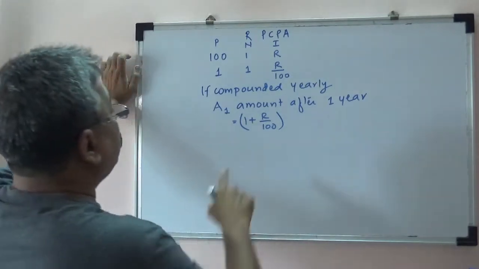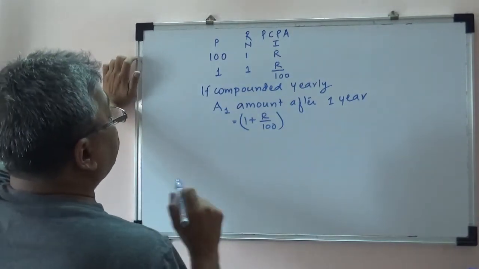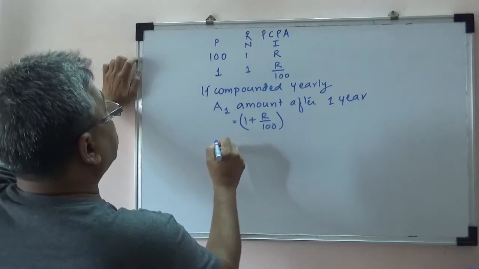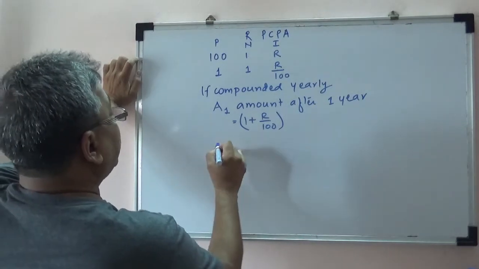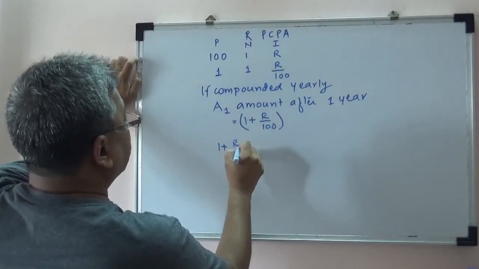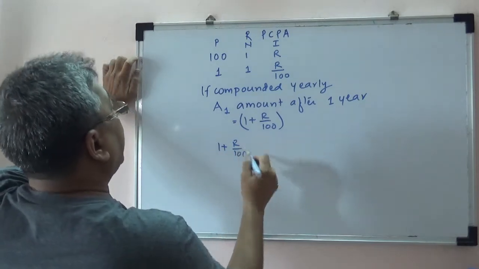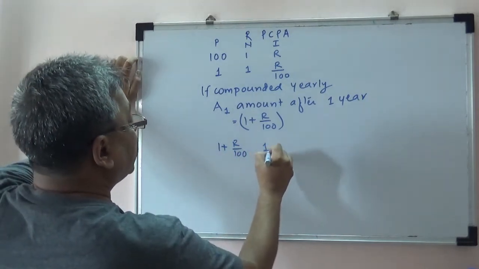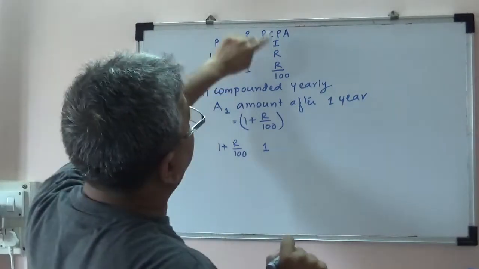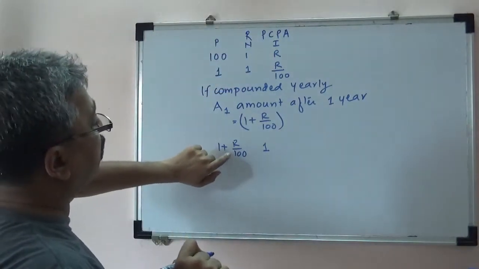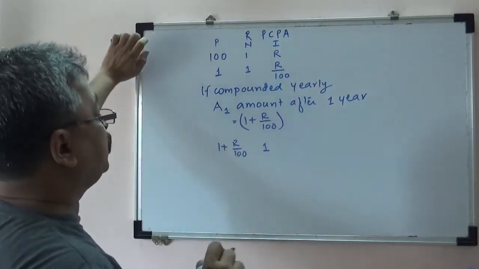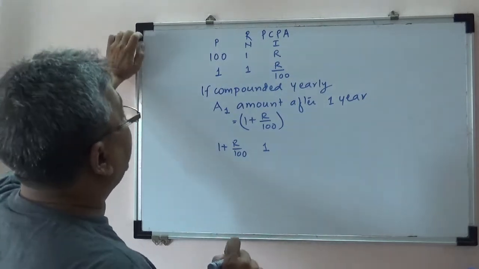And now 1 plus R upon 100 is going to be my principal. So the principal for the next 1 year will be 1 plus R upon 100, and I will keep it for 1 year at the rate R PCPA.